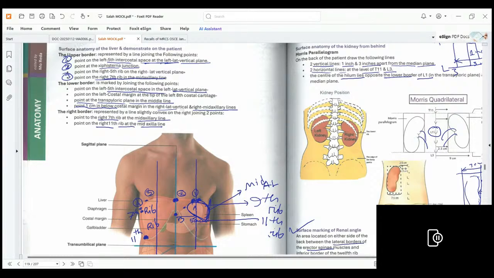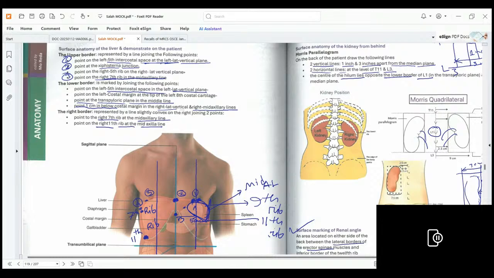You're right. Then instead of left lateral vertical plane, which is difficult to say, we can say mid-clavicular line. So the first point is in the left fifth intercostal space in the mid-clavicular line, easy.